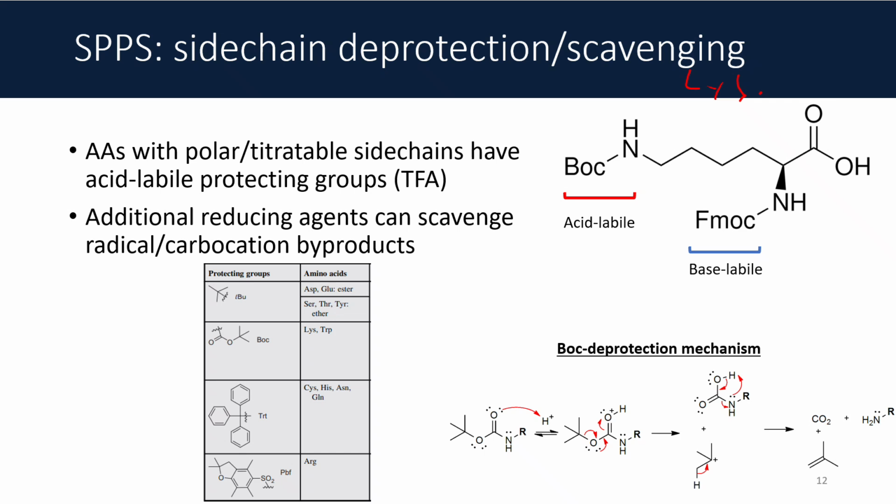Lysine has 3 important functional groups: the N-terminus, the C-terminus, and its side chain amine. The side chain of lysine and the N-terminus are both considerably reactive nitrogens. Therefore, we need to protect them to prevent runaway coupling at both of these sites.